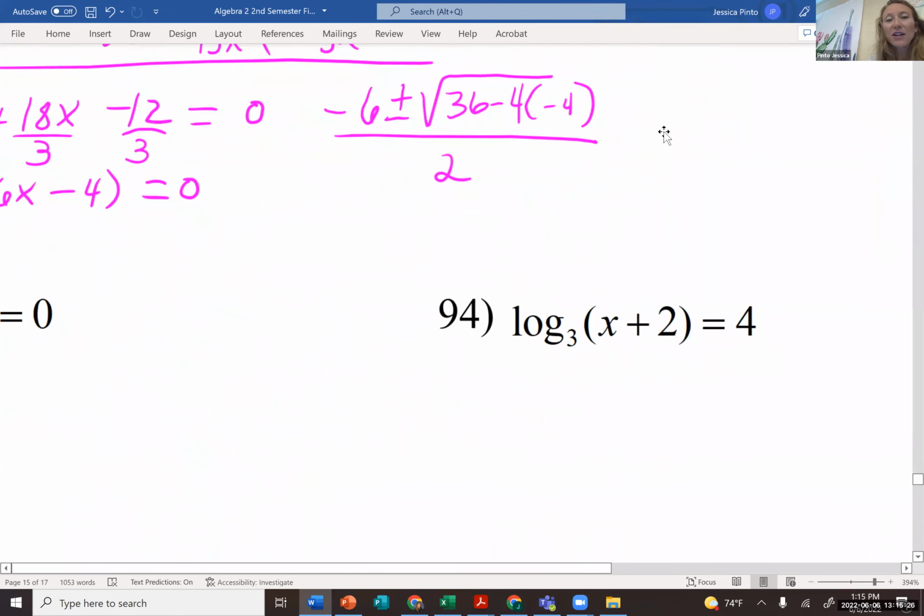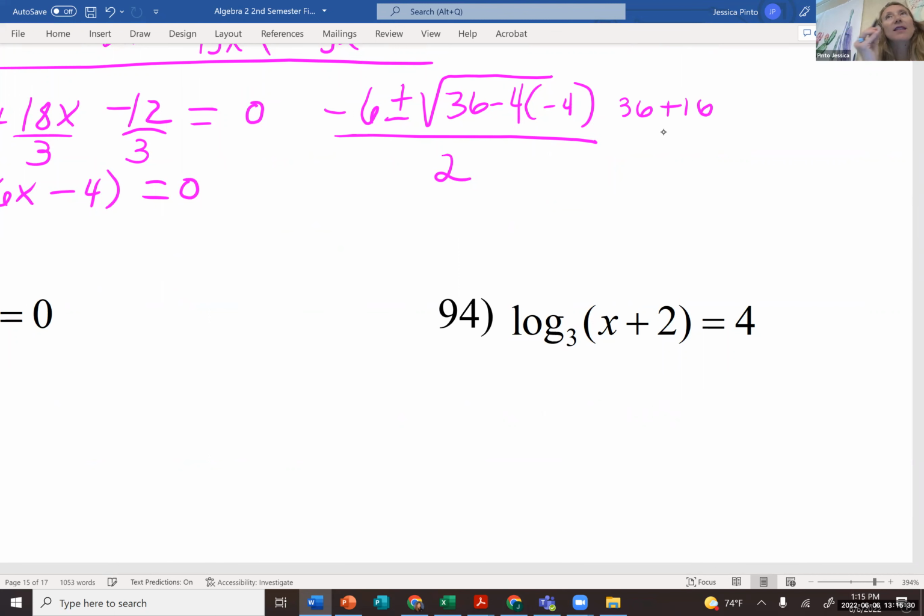I see that I have a 36 plus 16 inside the radical. That's going to be 52, which unfortunately needs to be simplified further because 52 is 4 times something. So that's going to be -6 plus or minus 2 rad 13 over 2.